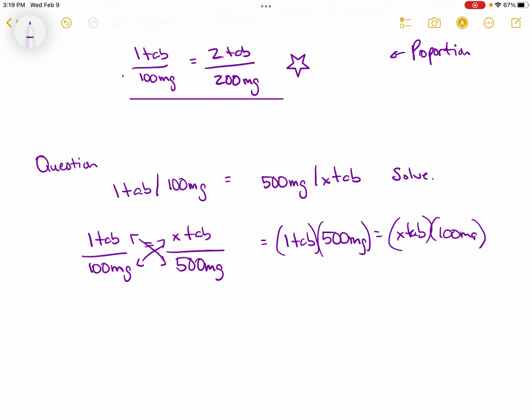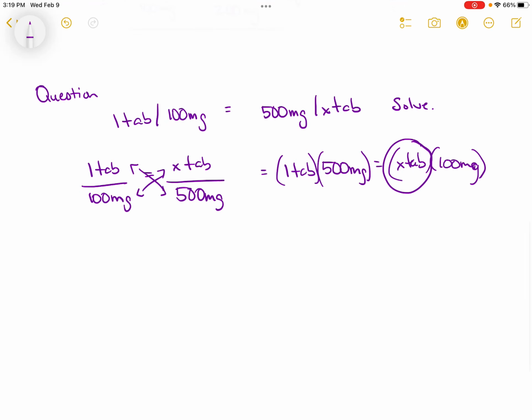We need to have our X tabs by itself in order for us to be able to solve for it. So X tab equals, in order to get this 100 milligrams out of this side of our equation, we need to divide it by itself. And whatever we do to one side of the equation, we have to do to the other.